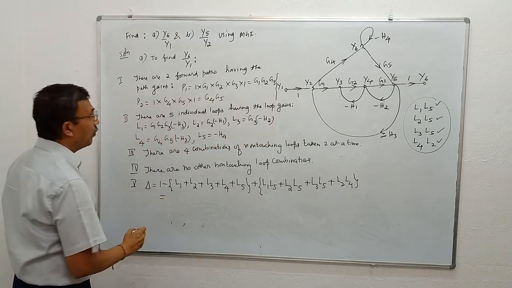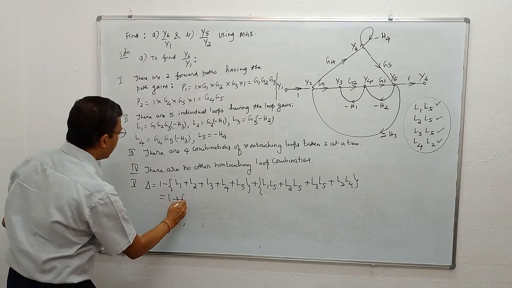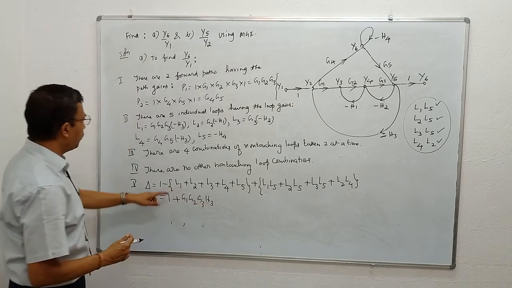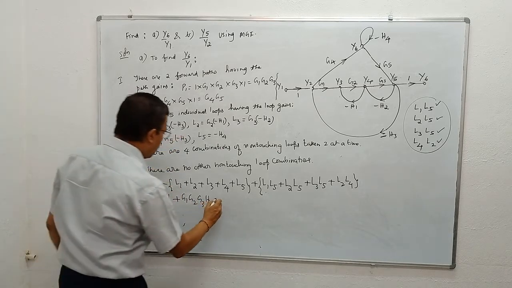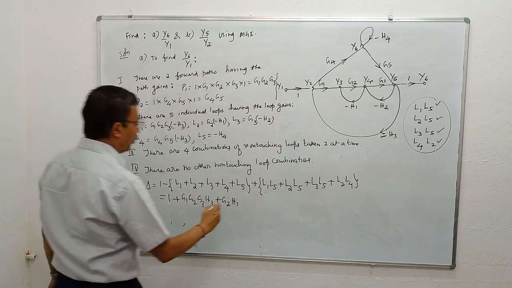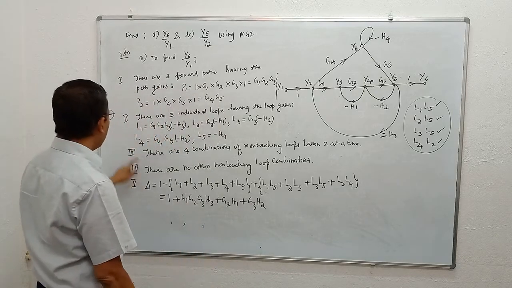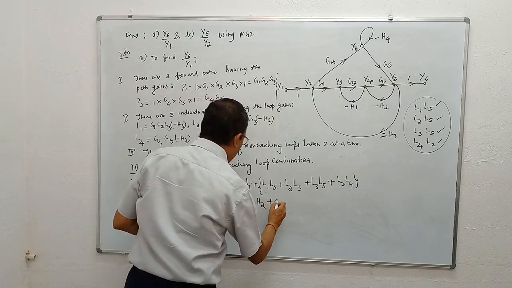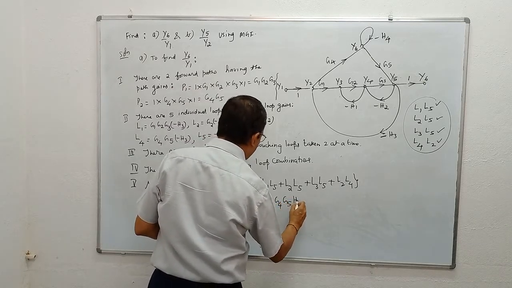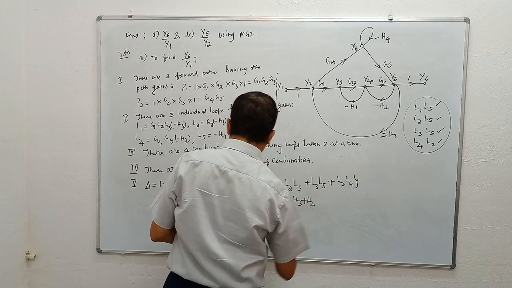L1 is 1 plus G1, G2, G3, H3. L2 is plus G2, H1. L3 is plus G3, H2. L4 is plus G4, G5, H3. L5 is H4.